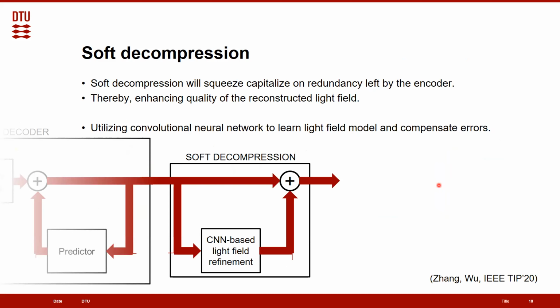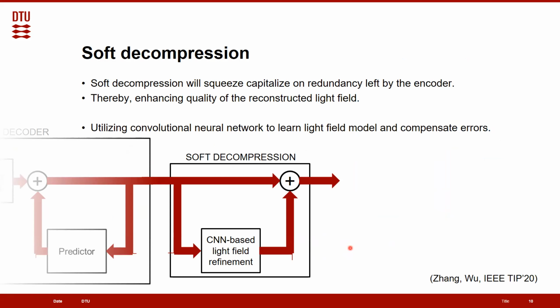Of course, it's natural to consider learning-based methods here. For conventional near lossless image coding, Sang and Wu presented a CNN-based refinement of image data.